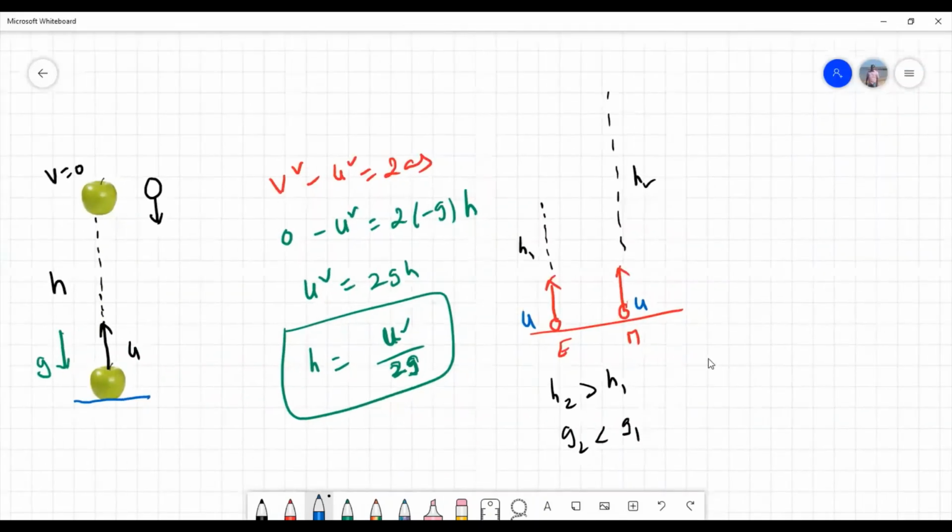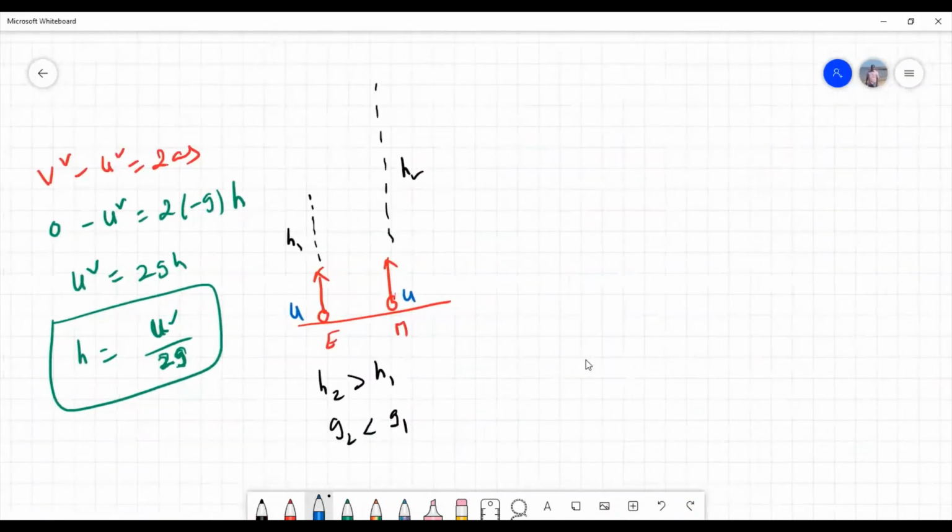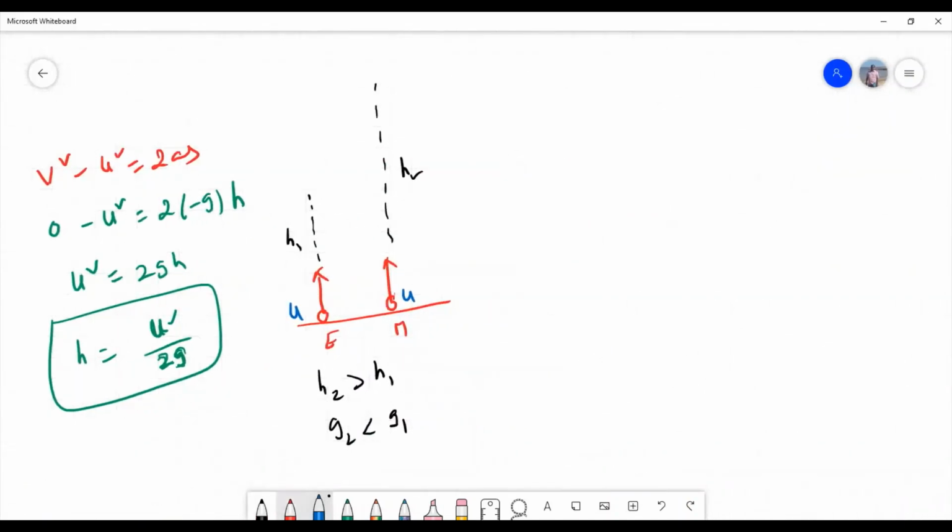Since we got the expression for max height, now I can write time of descent in another form. In the last lecture I explained, time of descent is root over 2h by g, where h is the height reached by the body, or max height. What is that h we got? u square by 2g.